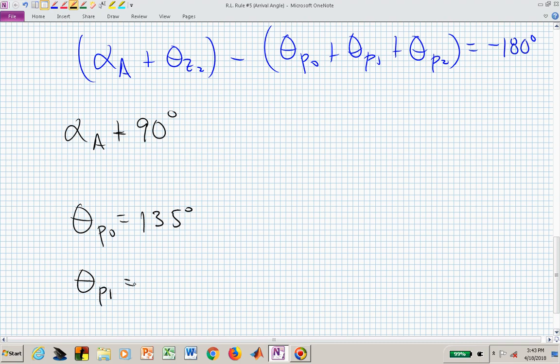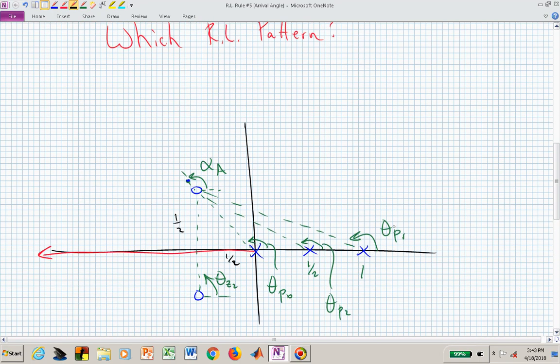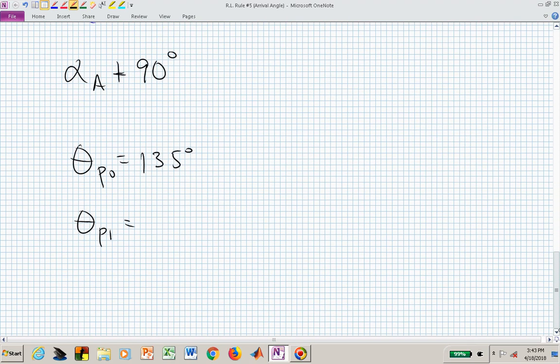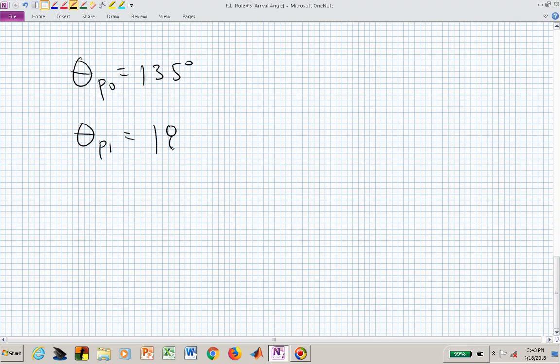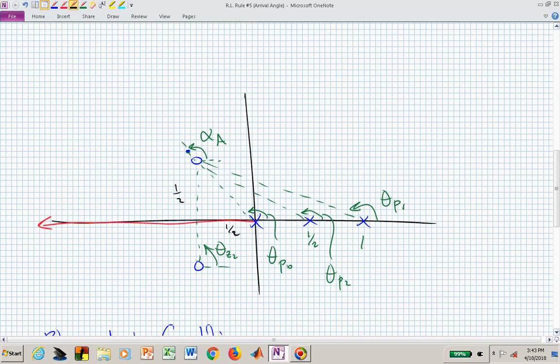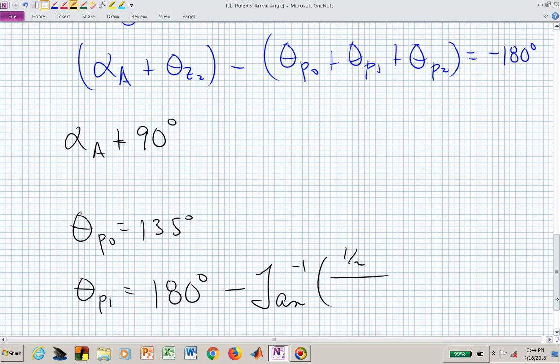Theta p sub 1, that was the angle over here due to the pole at 1. And now maybe it's easier to deal with these acute angles. So theta sub p sub 1, the way I like to look at that, is 180 degrees minus this acute angle. And the acute angle had an opposite side of 1/2 and an adjacent side of 1/2 plus 1, or 3/2.